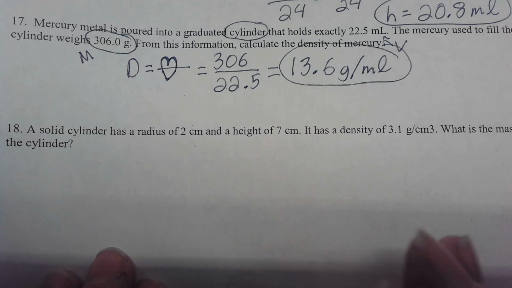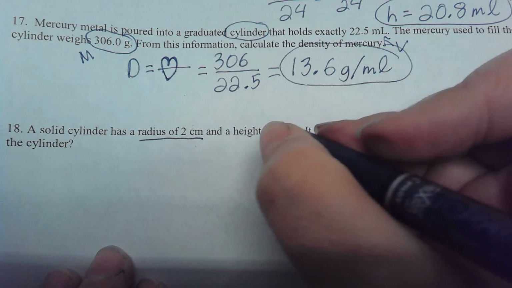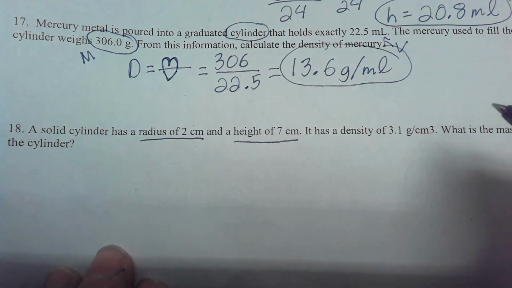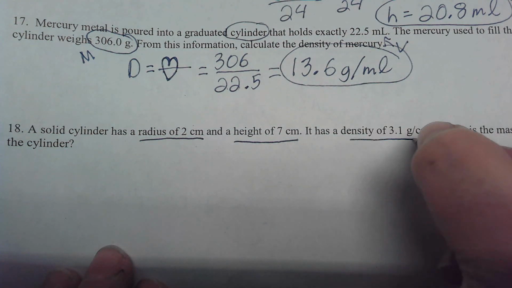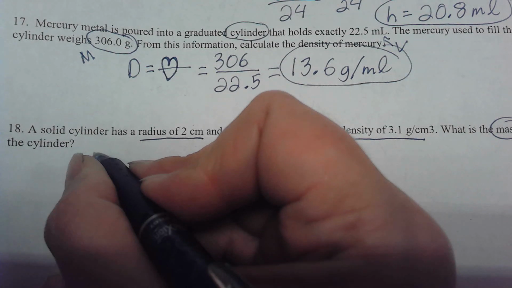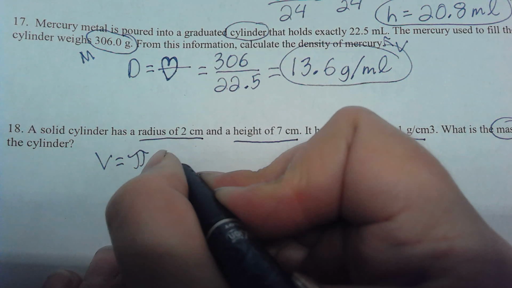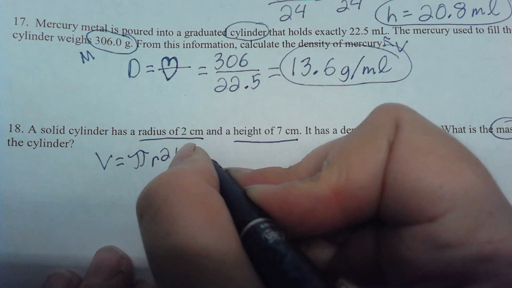Okay, a solid cylinder has a radius of 2 and a height of 7 centimeters. They give us the density. What's the mass? So what I'm going to do first, everybody, is calculate the volume. Remember, it's the area of the base, which is a circle for a cylinder, times the height.